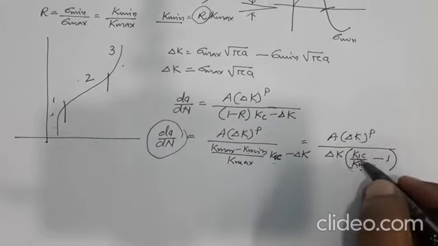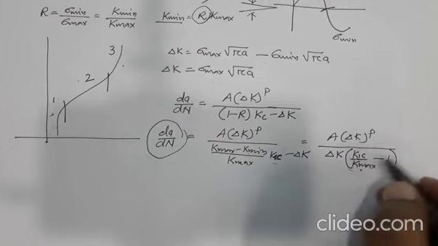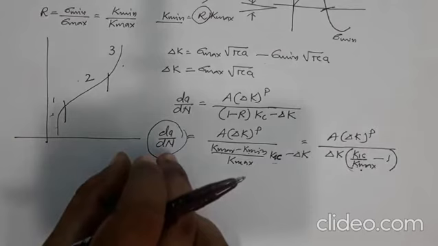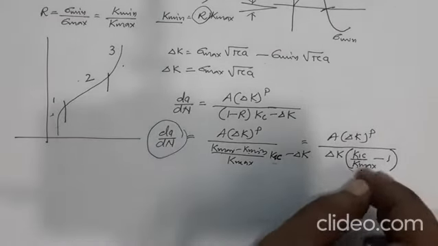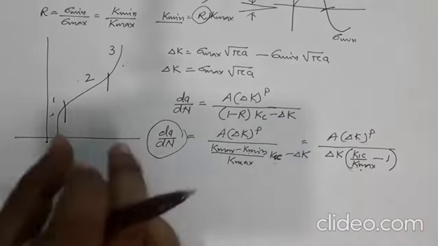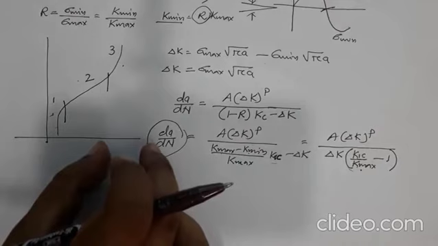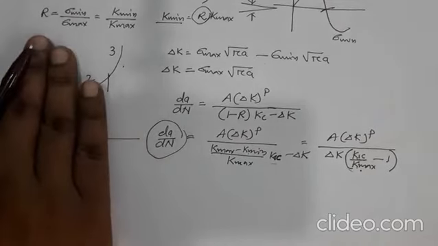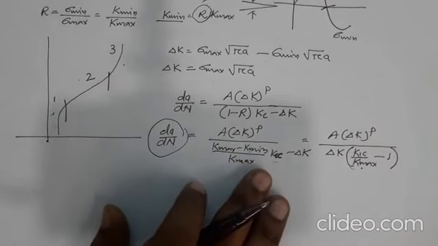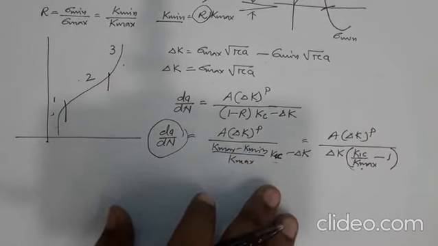If it is 1.0001, then that value is very close to 1. So crack growth rate is not having any effect. But if that value is 1.2, that means you have a very high effect on the crack growth rate, okay. So that's how the effect of R is demonstrated on Paris law, okay. So this part is clear.